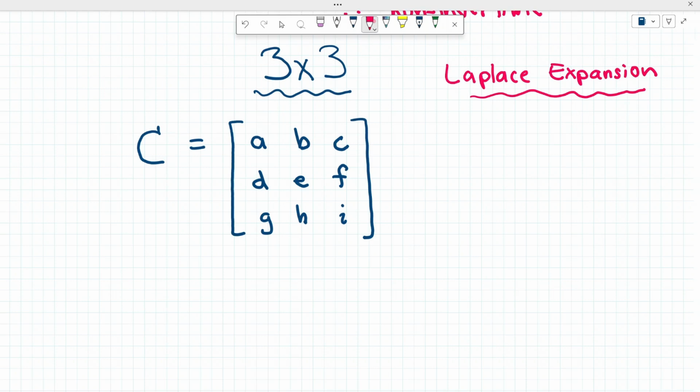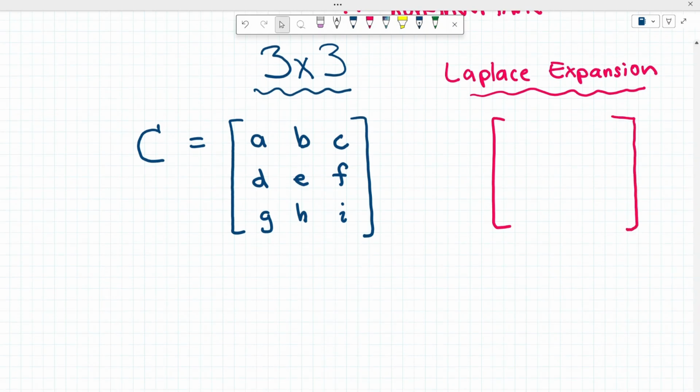So it has this special matrix over here that helps us determine whether our coefficients are going to be positive or negative. So it goes plus, minus, plus, and then we alternate every time. So if you have some entry over here, it's going to have a positive coefficient, whereas if you have an entry starting here, it will have a negative coefficient, and so on.